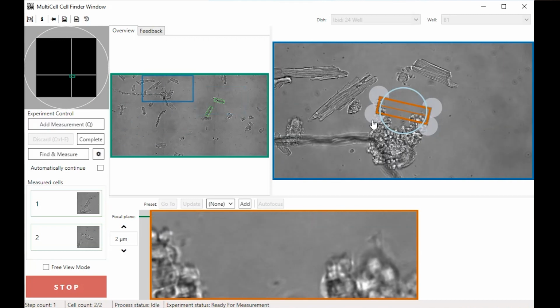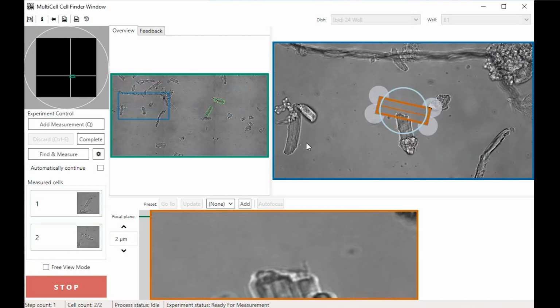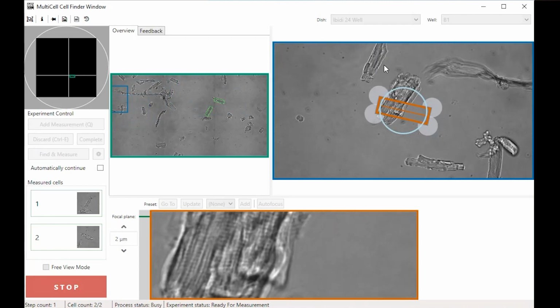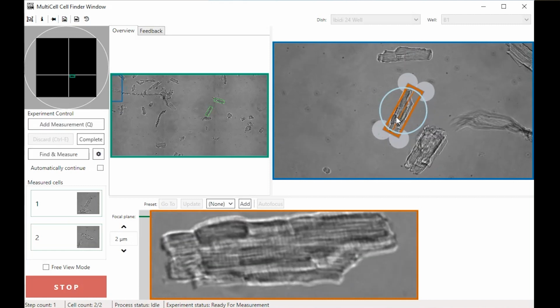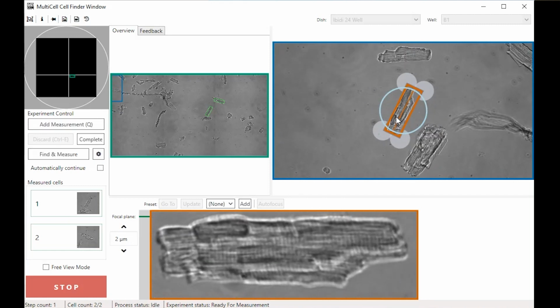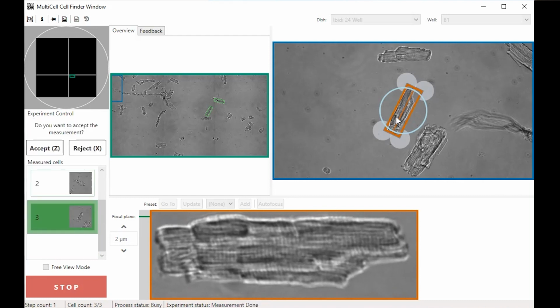So instead of using an inverted microscope with the cells mounted on top of that microscope, and measuring from a cell, treating the cell, measuring it again in response to that treatment, and looking at things like the shortening and re-lengthening speed, or the amplitude of the shortening, or the calcium reuptake, or calcium release, what you would do is mark the position and measure from 100 or even more cells, and then treat the cells and go back to the exact same cells, so you have statistically paired data in a fraction of the time.